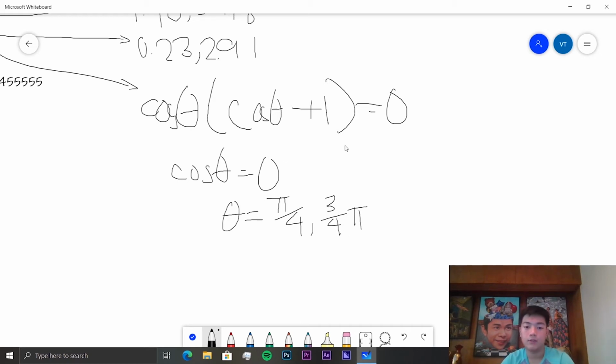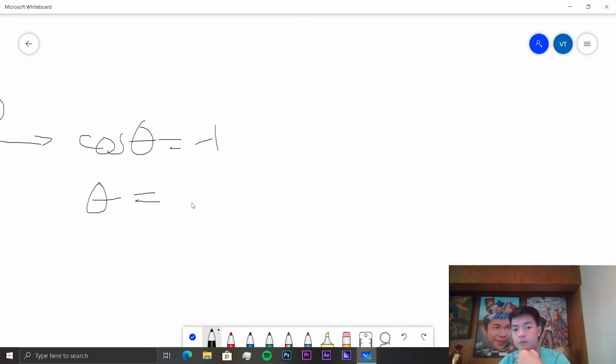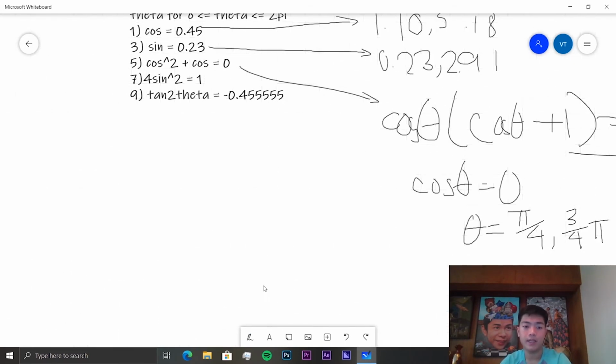So those are the two cases for that. And when cosine theta plus 1 equals 0, cosine theta is negative 1. Then theta is equal to pi, which is 180 degrees. So yeah, that's that.